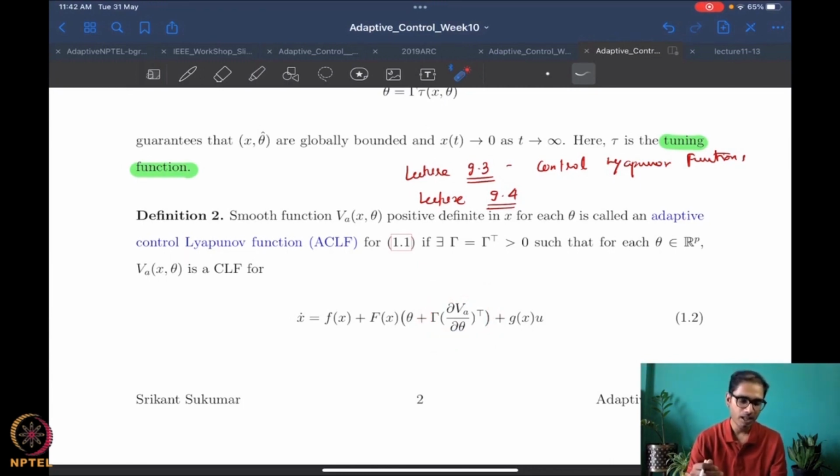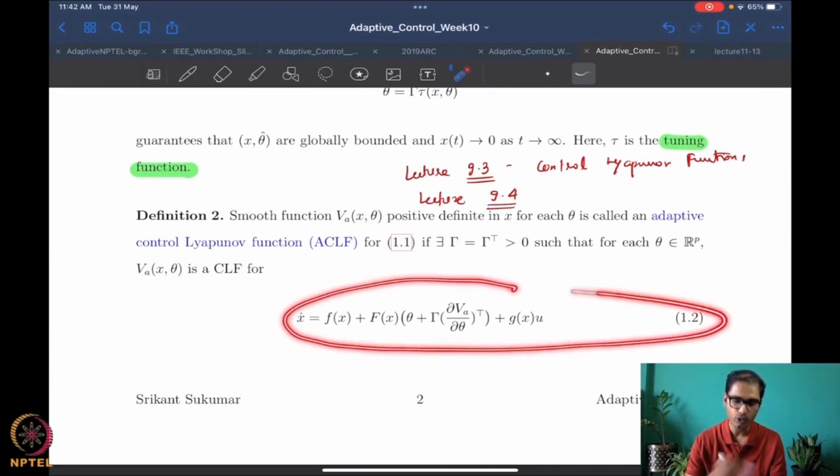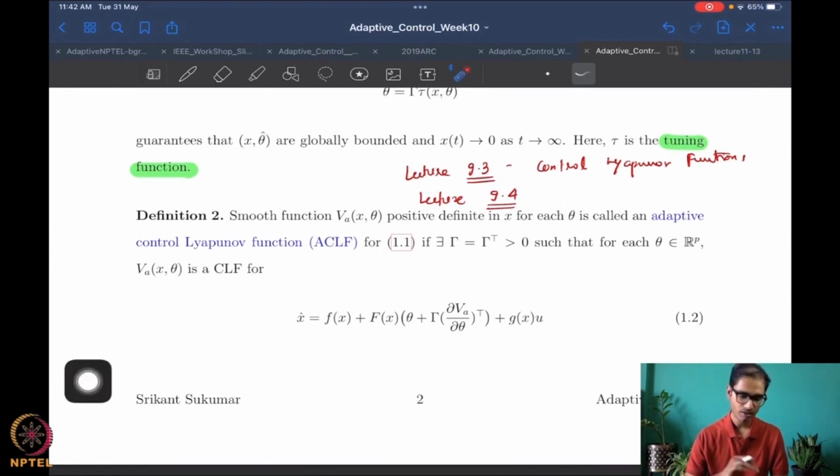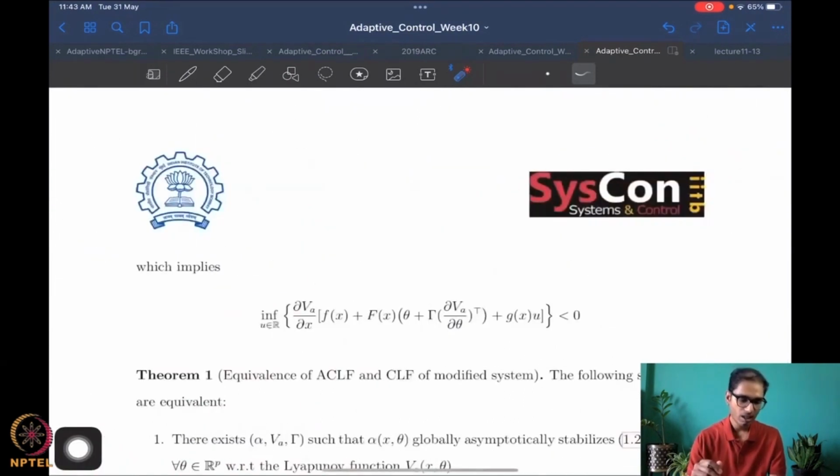So VA, which is a function of the state and the constant parameter, is an adaptive CLF if there exists a positive definite gain gamma such that for every value of the parameter theta, VA is in fact a CLF for this modified system 1.2. That's it. So CLF and ACLF are just related by this modified system. And we'll soon see, like I said, why this particular modification and nothing else.